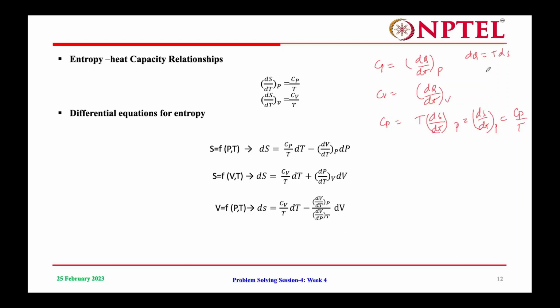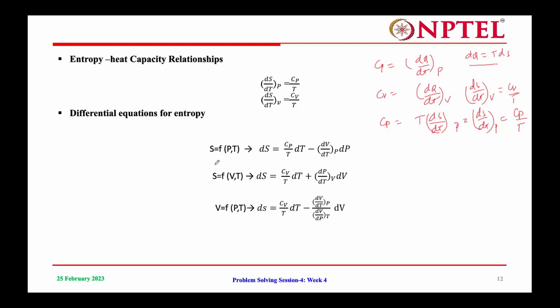Similarly, we put this expression in this relation, you get (dS/dT) at constant volume equal to Cv by T. Now some differential equations for the entropy. Here, entropy is a function of pressure and temperature.